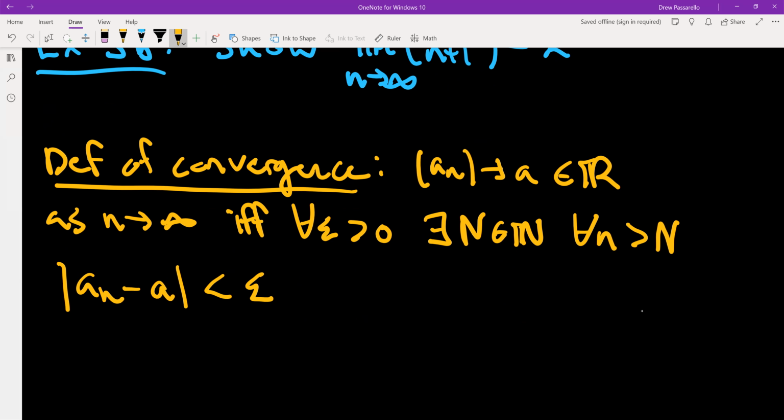So they are within an epsilon radius, you could call it, about the limit point. So that's what it means.